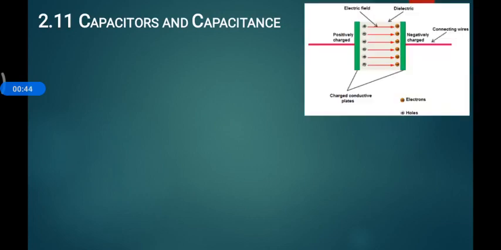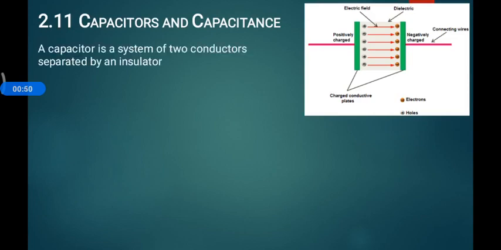Capacitor and capacitance. That is one typical diagram of the capacitor. Basically, the capacitor is two conductor plates. You have to take these two green conductor plates, and in between them you have to fill insulating material, so they are separated by the insulating material.